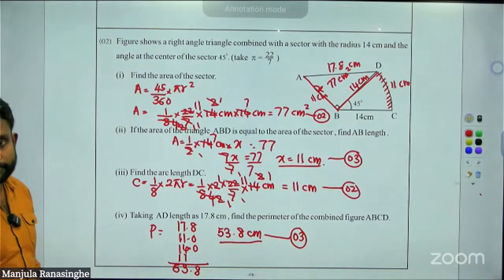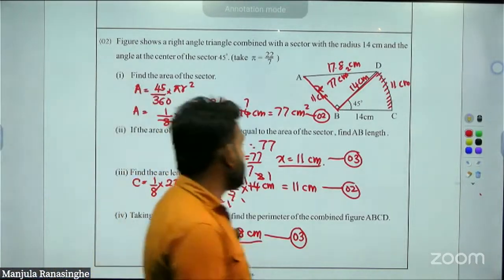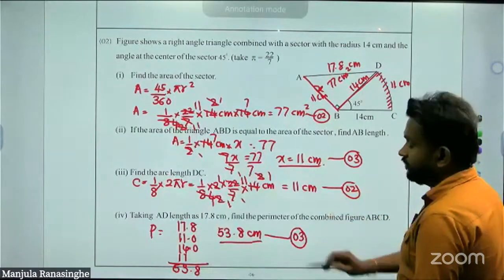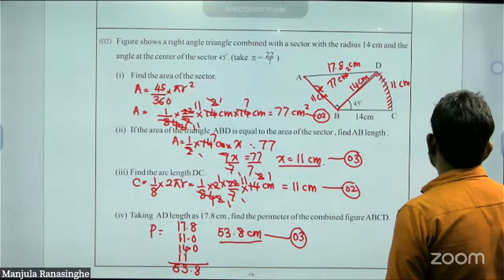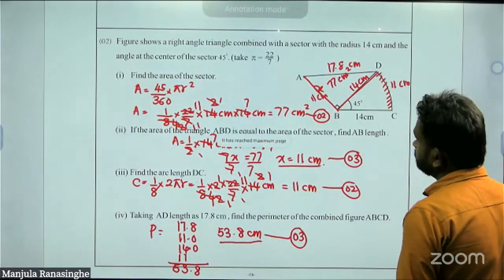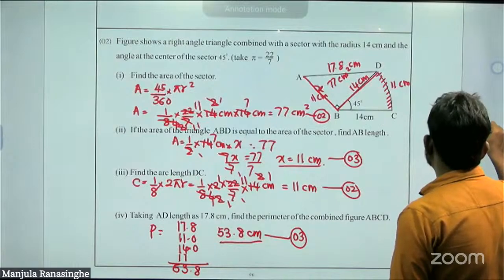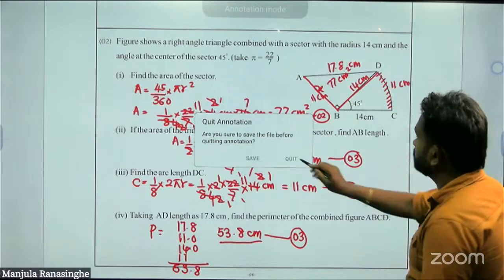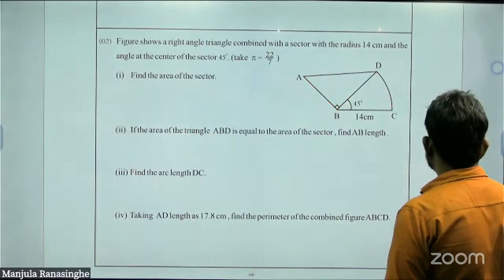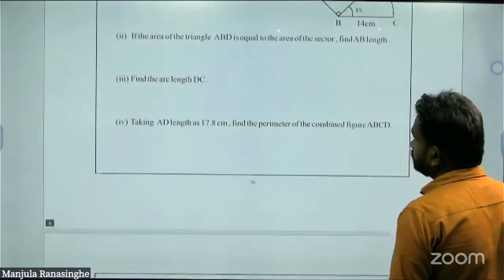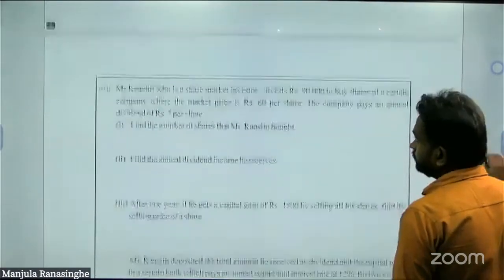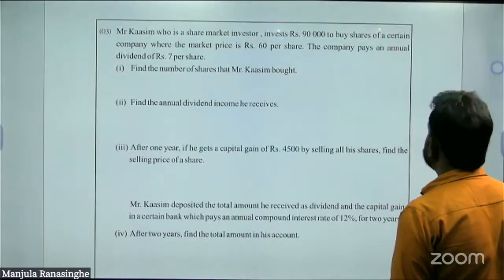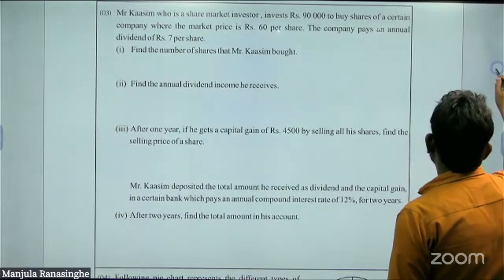Right, correct them before moving to the next one. These are the answers: 7, and here 11 and 53.8 centimeters. Okay. Now we move to question number 3. Right. See the question number 3.